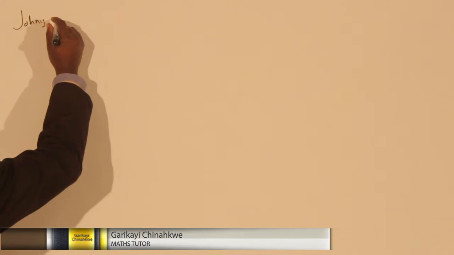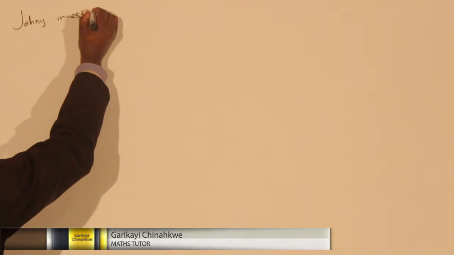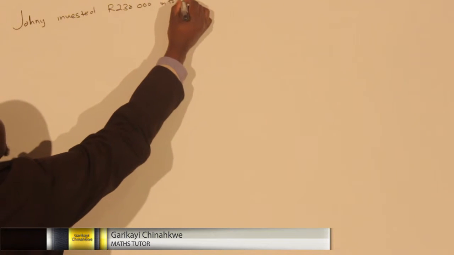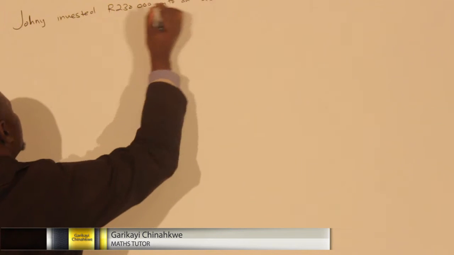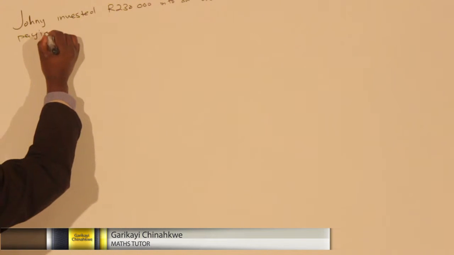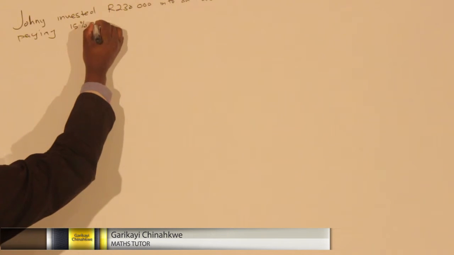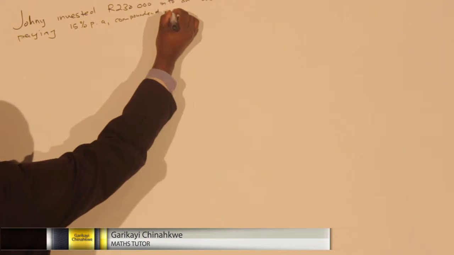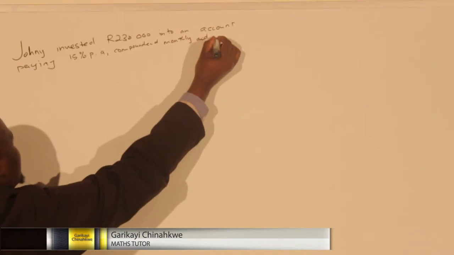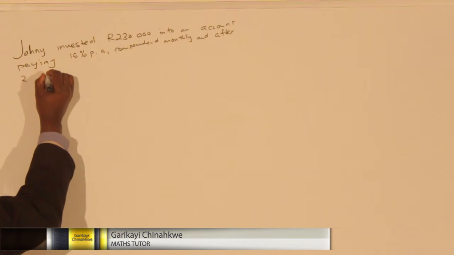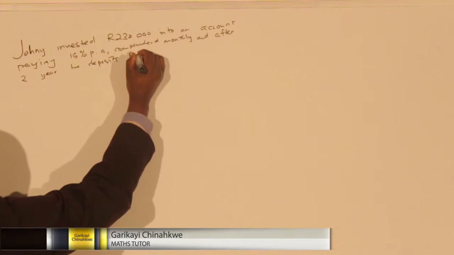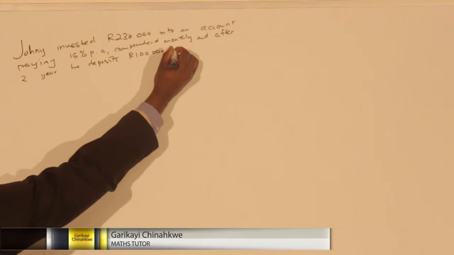For example, you may be given that Johnny invested 230,000 into an account paying 15% per annum compounded monthly, and after 2 years he deposits 100,000 into the same account.